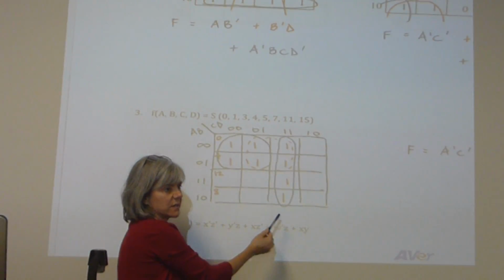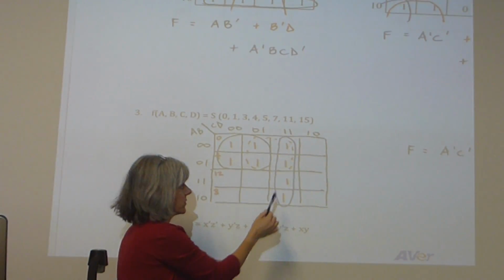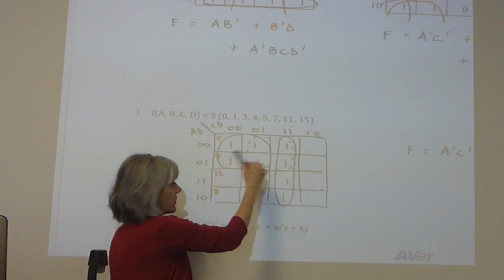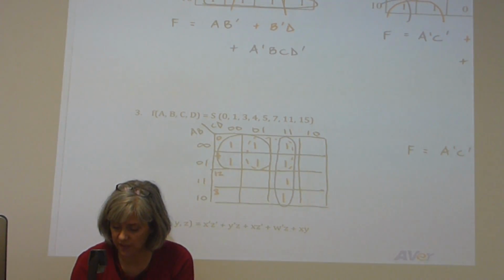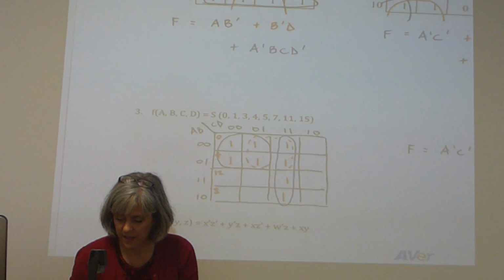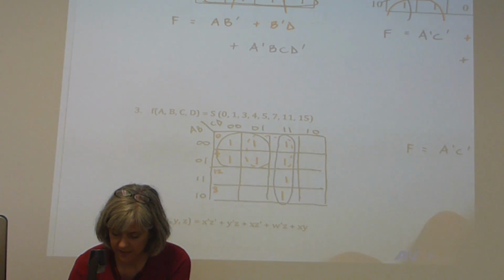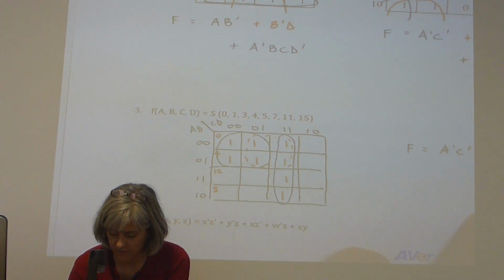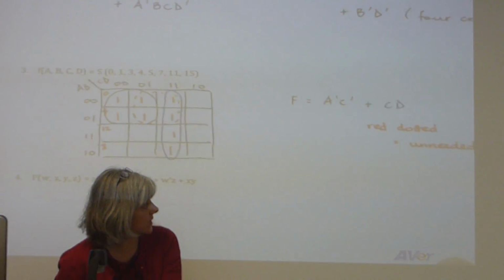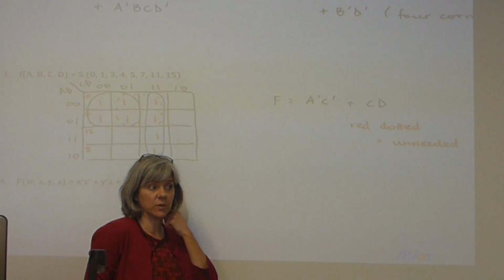The column, what stays, columns are usually easy, or rows. CD, that's the only thing, right? All the different combinations of A and B, so CD. And then red dotted is unnecessary. That one's unneeded because we've already covered everything. We don't need to do it again.